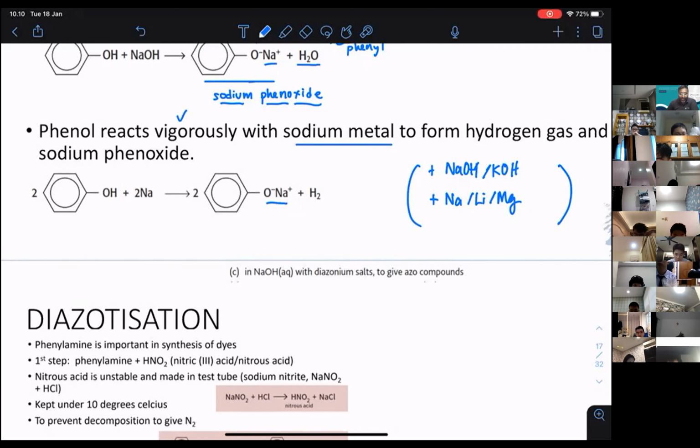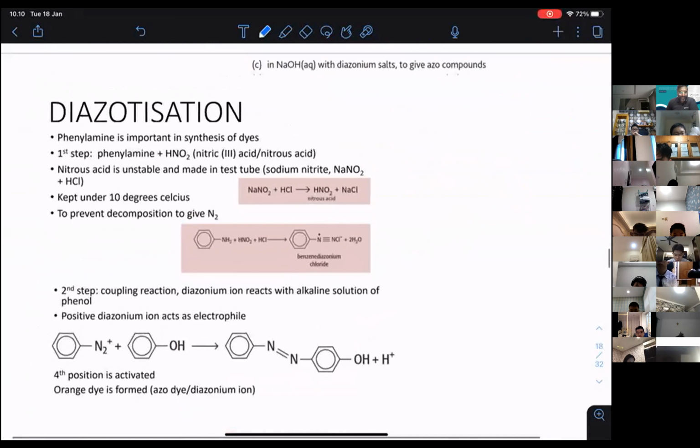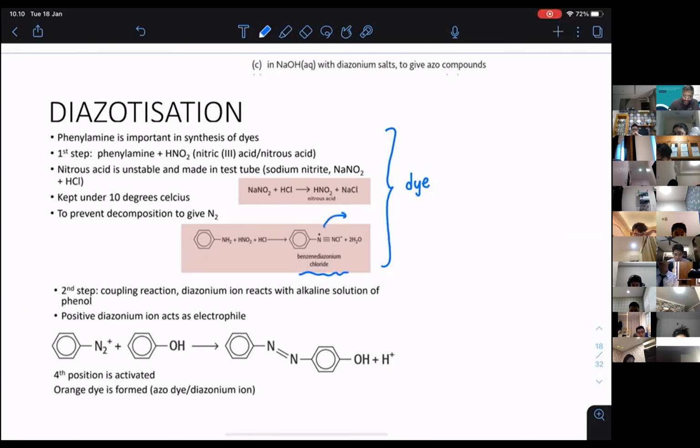The next reaction: remember I taught you at the beginning the diazotization, the preparation of dye. You get benzene diazonium chloride. Then I add water and change this into phenol, under the production of phenol. But now we want to see the reaction of phenol.